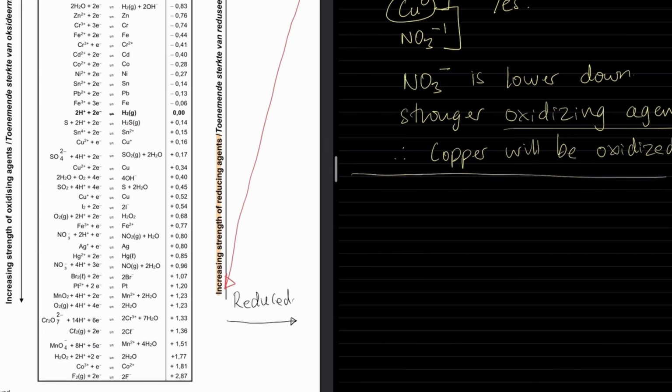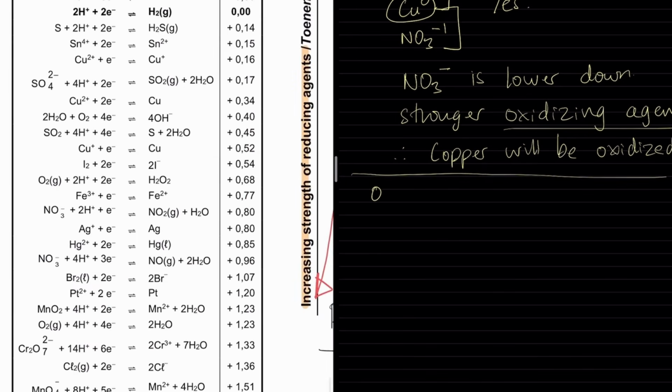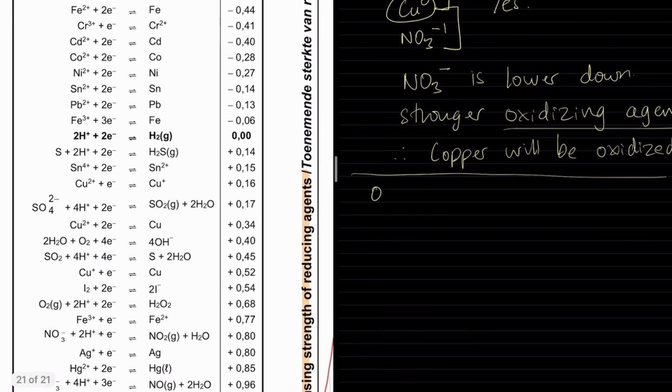So let's go ahead and write it. We want to write the oxidation reaction. So we're looking for lead. Where's lead? There's lead. Here. So Pb, now remember, if you're writing oxidation, you're going from right to left. So it's going to be Pb going to Pb2 plus plus 2 electrons. Then we're looking for Fe3 plus going to Fe2 plus.